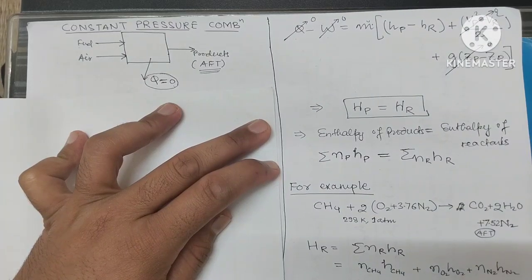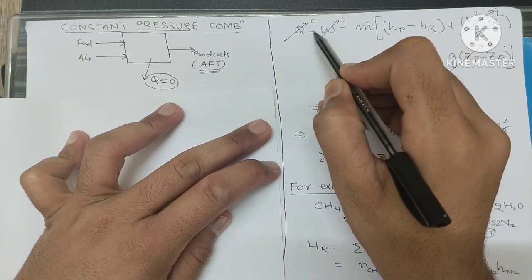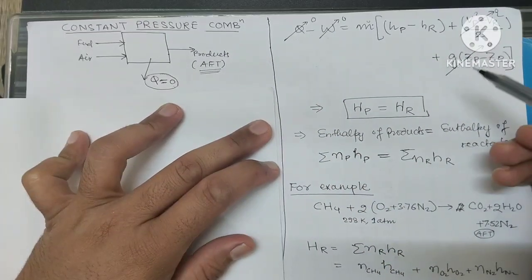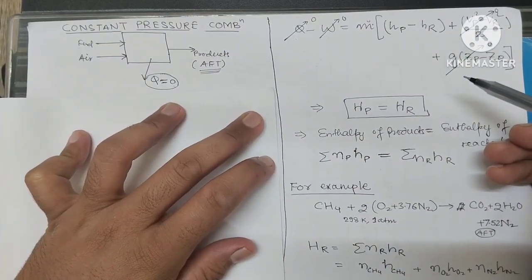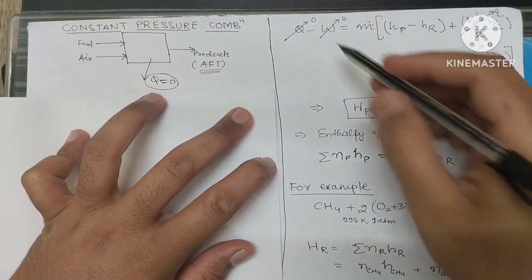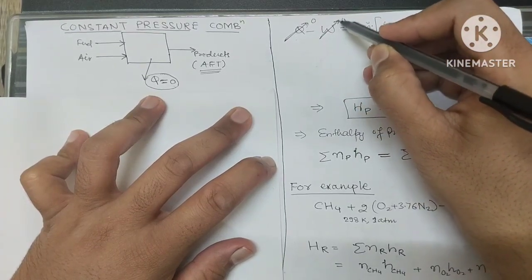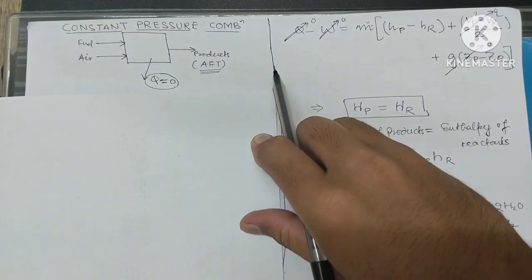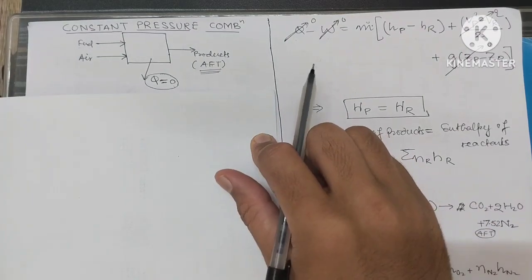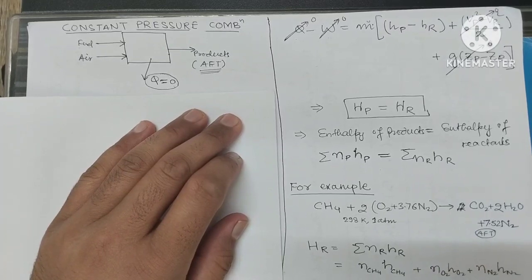Okay, and then, as we know, for finding the adiabatic flame temperature we assume that there is no heat transfer, so this term will be 0, and there is no work transfer. I mean, no work input or output is taking place in this analysis.